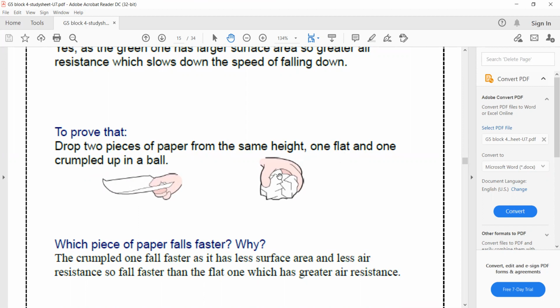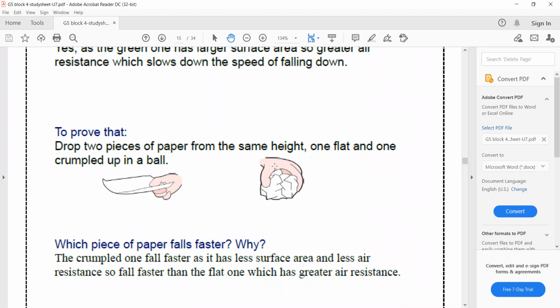Okay, you have to squeeze one and leave the second one flat. In this case, which one will fall down faster? The flat paper or the squeezed piece of paper?